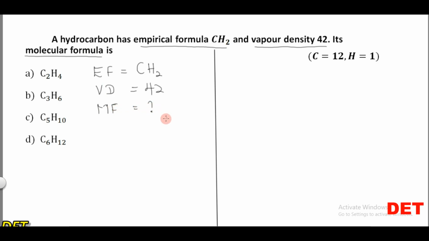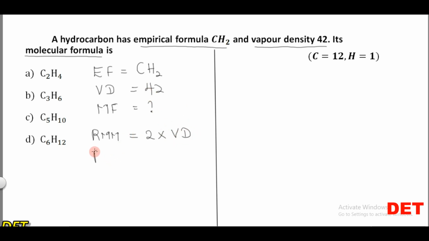The first thing you will want to do here is to look for the relative molecular mass. The relative molecular mass is equal to 2 times VD, because the vapor density is given.